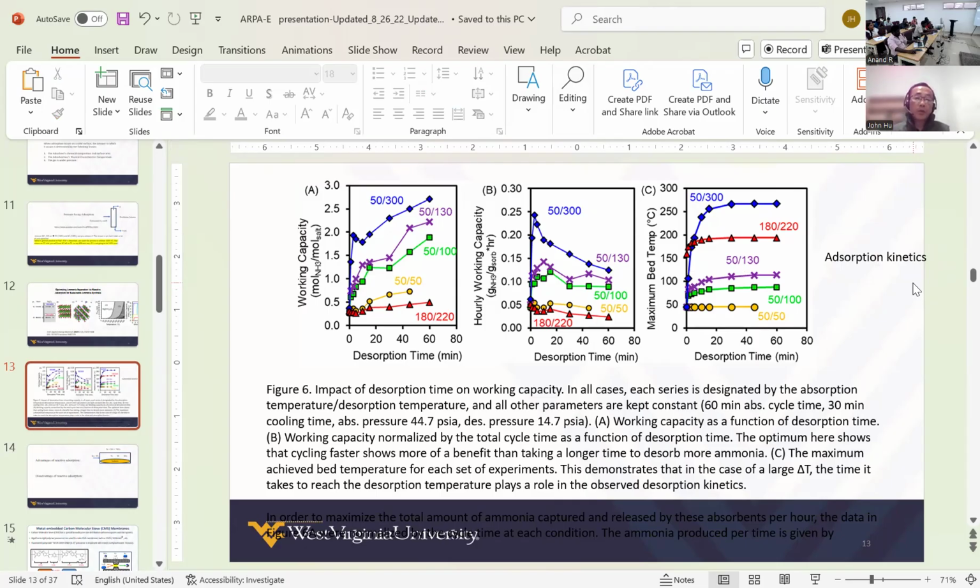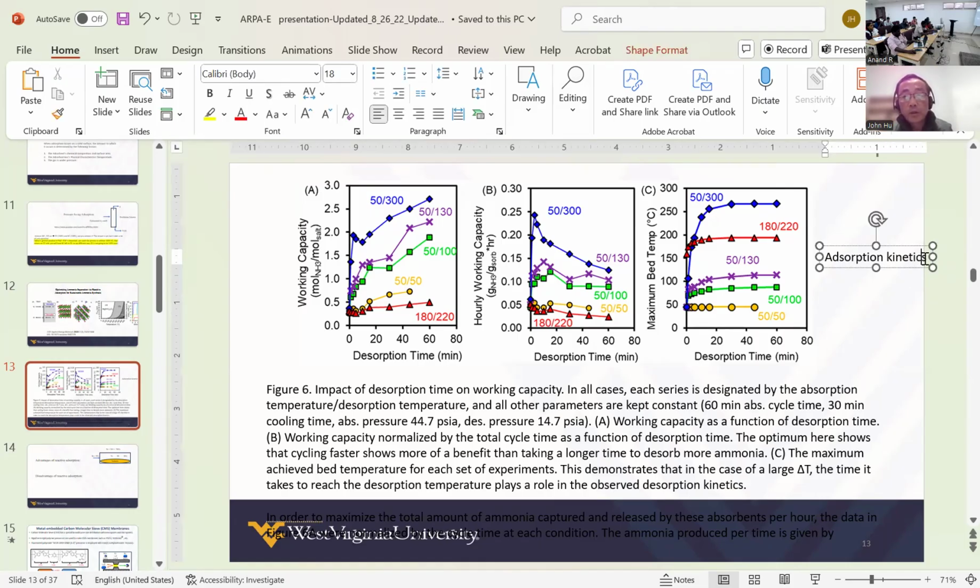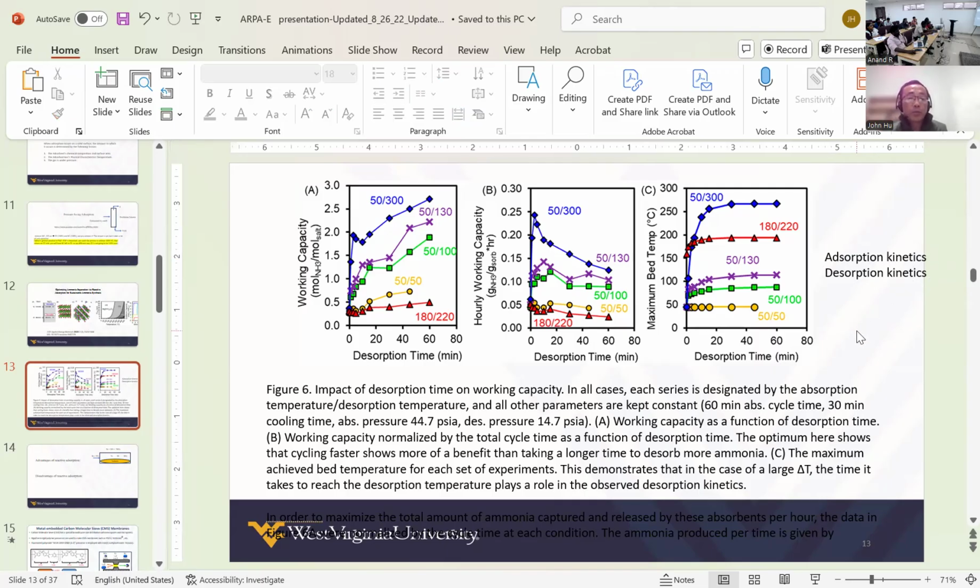Some molecules interact with a solvent very fast, so they can just interact, but some are really slow. So that is adsorption kinetics. And then there is desorption kinetics, and how fast you can push the molecule out of the surface.